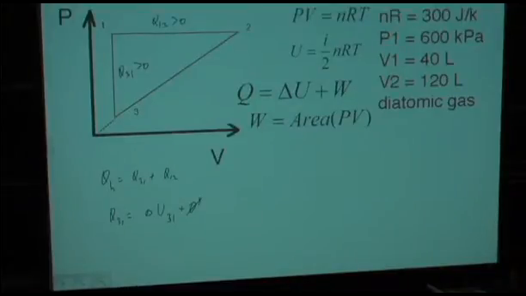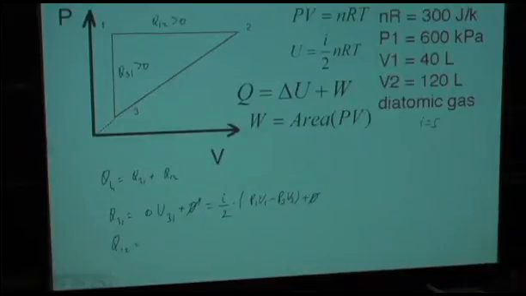for this process. So I over 2, I equals 5, times P1 V1 minus P3 V3, plus 0.